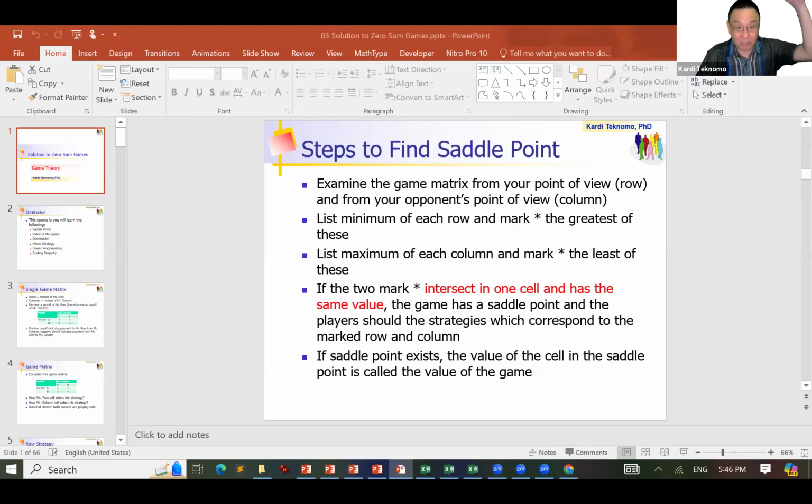And then again, you get the maximum for each column, you mark it. Now, if the intersection is in one cell and has the same value, then you get the saddle point. Again, a saddle point does not always exist. If it exists, then you get the value of the game. Equilibrium.